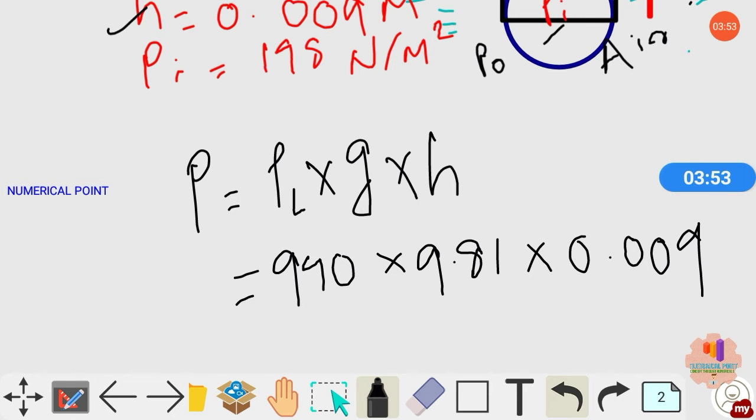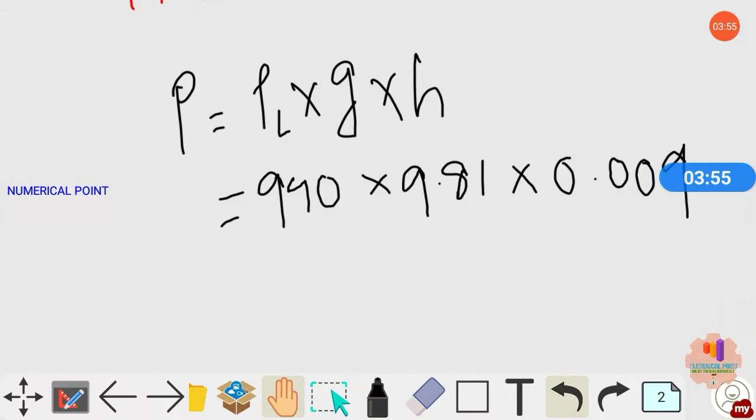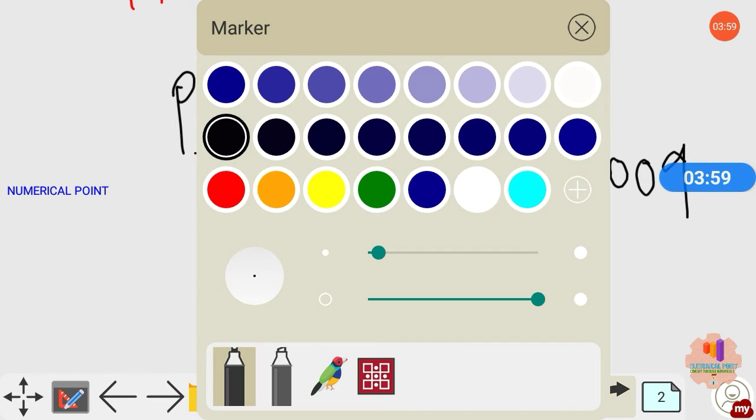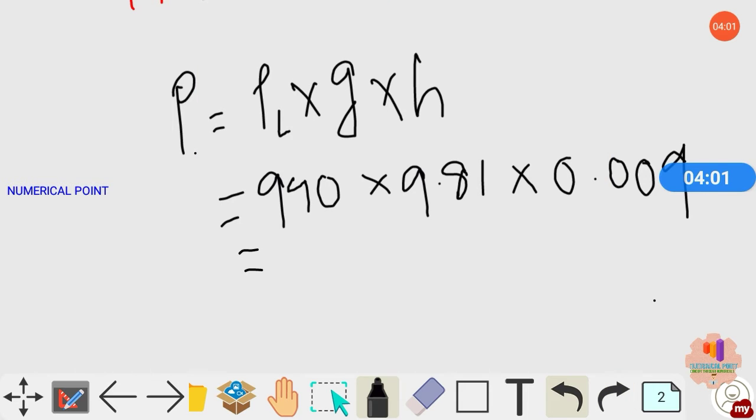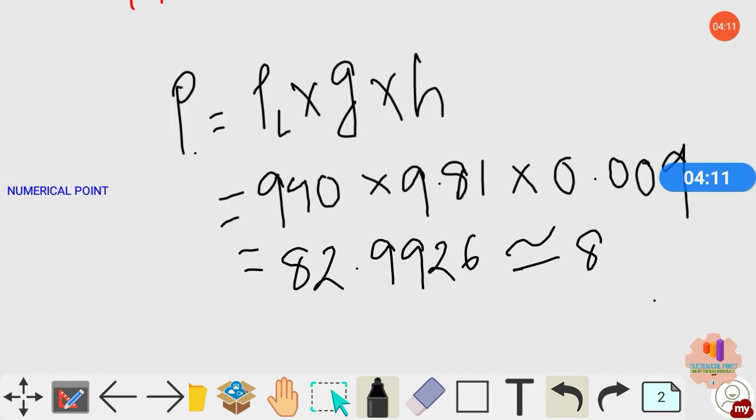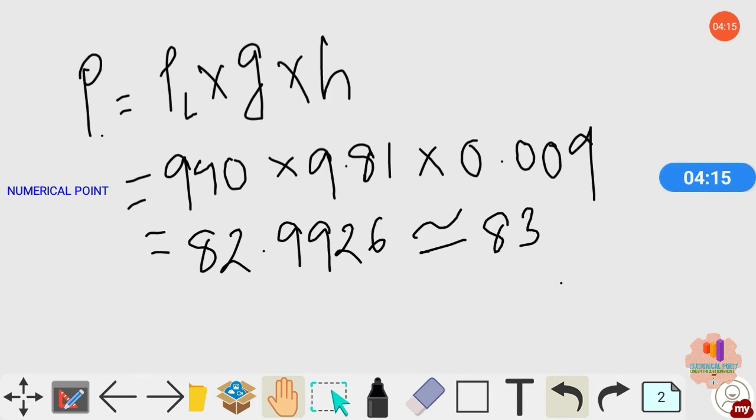So from this we can say the outside pressure Po will be equal to 82.9926, or we can write it 83 Newton per meter square.